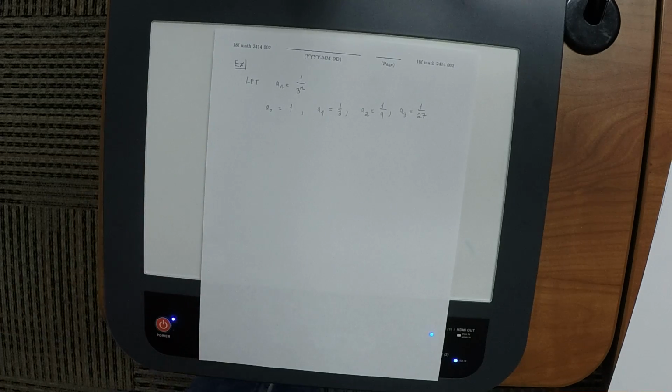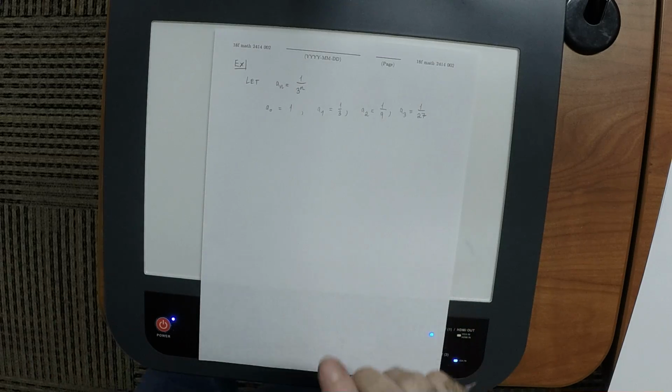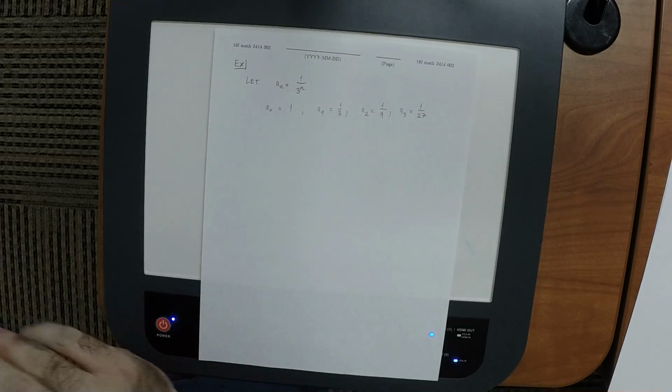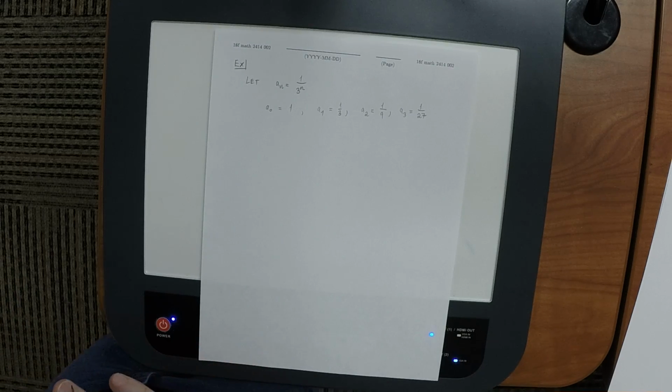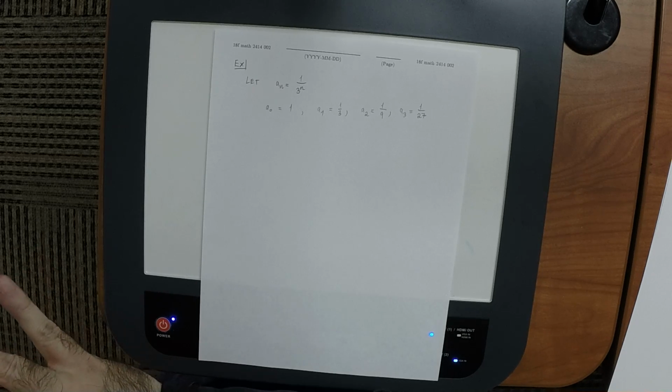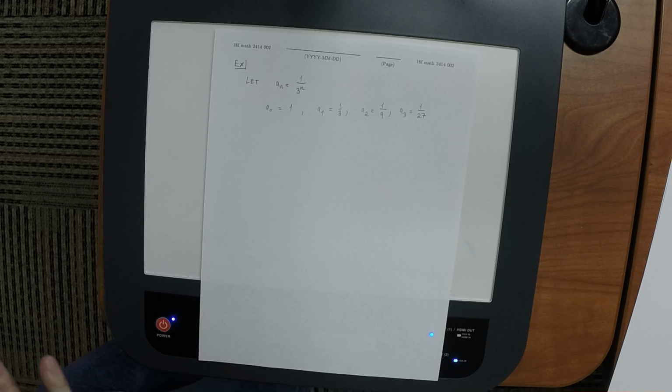So you walk up to the bartender and say, I'll have one pitcher, and the next person says, I'll have a third of a pitcher, and the next one says, I'll have a ninth of a pitcher, and the next one says, I'll have 1/27th of a pitcher. So we couldn't possibly exceed 2 pitchers, right? We couldn't exceed 2 because we already established that if we do it with halves, then it couldn't be more than 2. So if we're doing it with thirds, we still couldn't exceed 2.